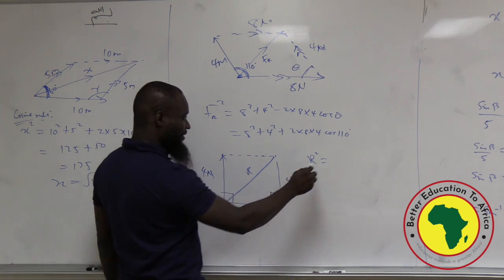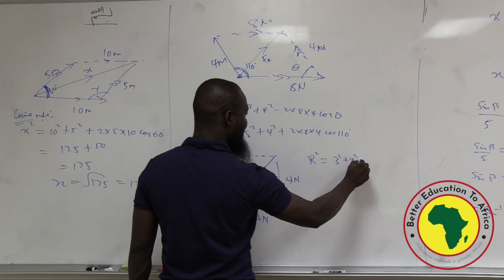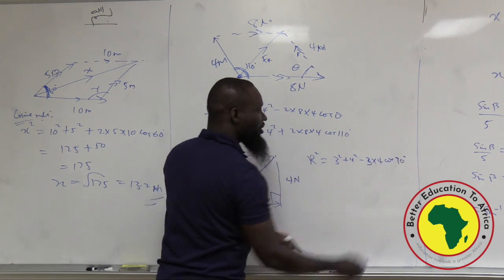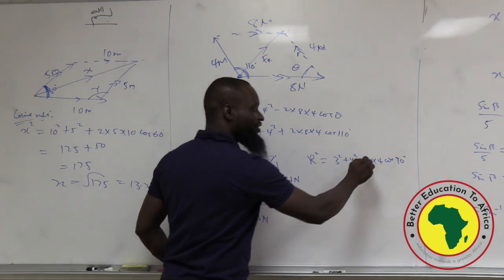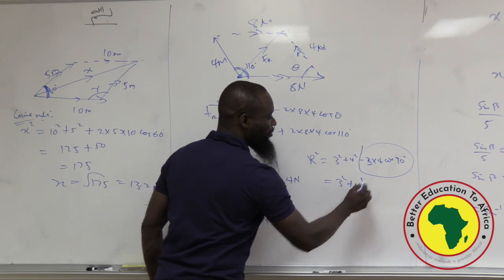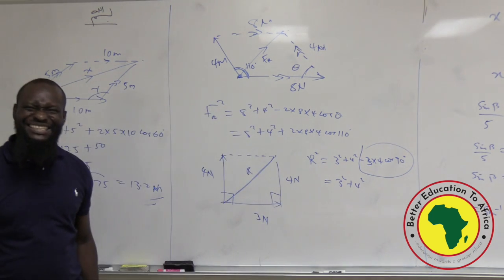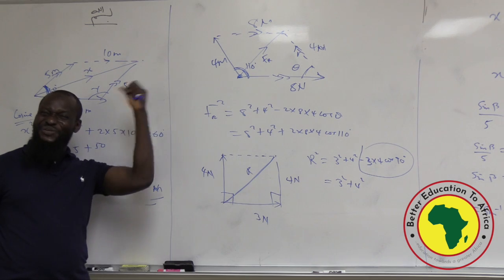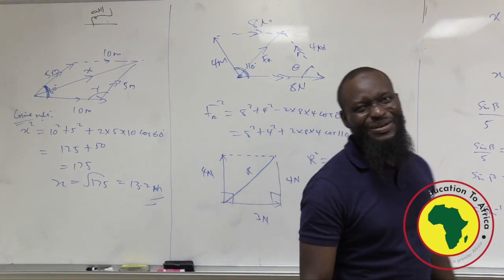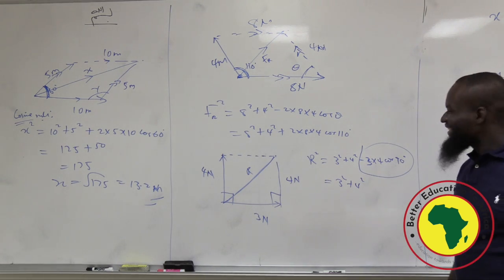It's 3 square plus 4 square minus 2 times 3 times 4 cosine 90 degrees. You discover that cos 90 degrees is 0, so 0 will kill this whole term. It just becomes 3 square plus 4 square, which is what you call the Pythagoras rule. So what we were actually doing there was still the parallelogram law. Okay? Good.